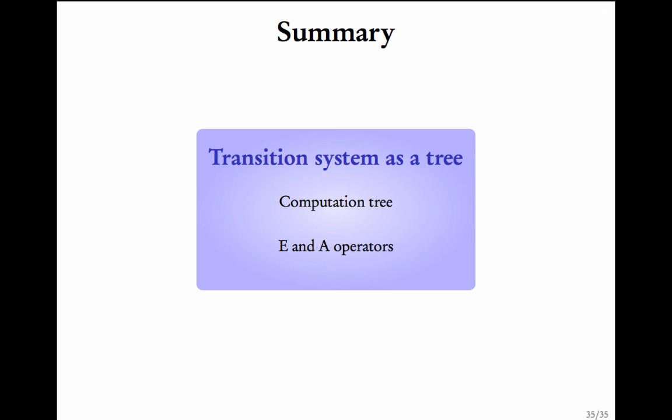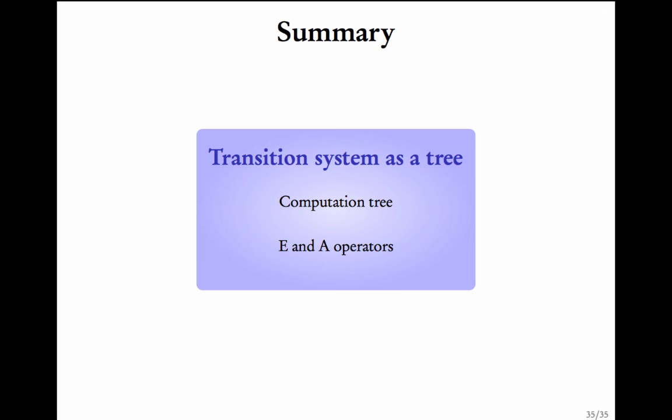And to talk about properties on trees, we need some notation. We know about properties over paths, so that has been extended to trees by using the E and A operators. E says that there exists a path that satisfies a certain property. A says that every path in this tree satisfies the path property.